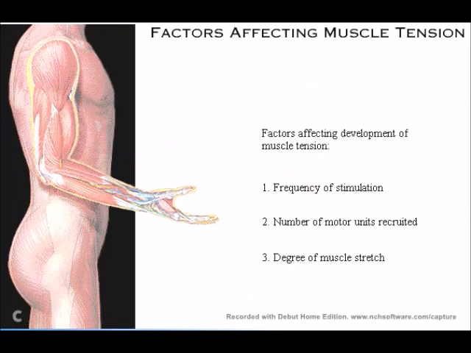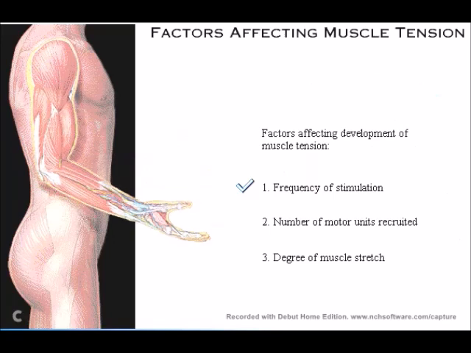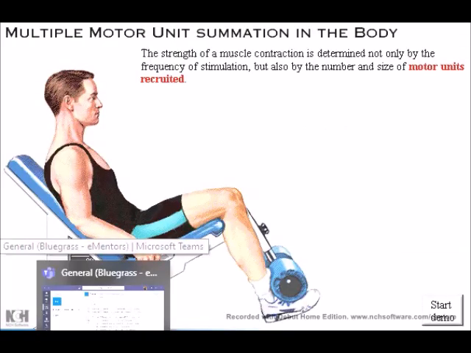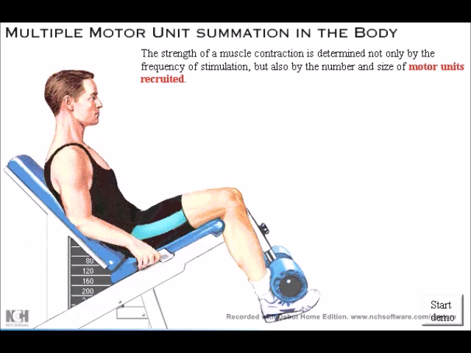We have just examined how the frequency of stimulation affects the development of muscle tension. We will now explore the relationship between the number of motor units recruited and the strength of contraction. The strength of a muscle contraction is determined not only by the frequency of stimulation, but also by the number and size of motor units recruited.